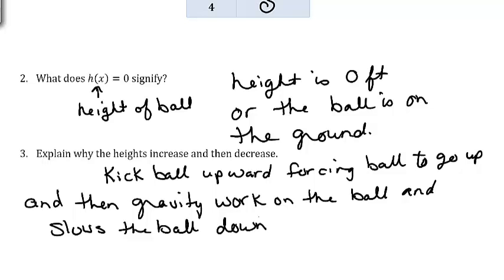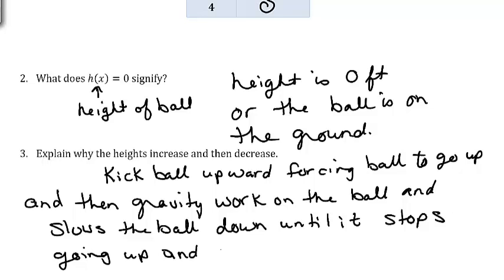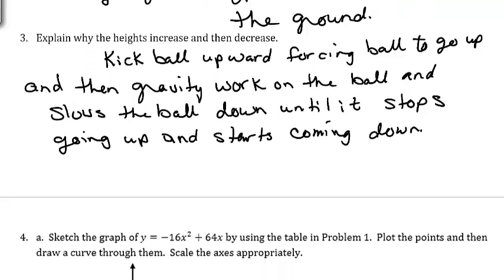And eventually the ball actually stops very briefly, and it stops going up and it starts coming down. And that's why at first the height of the ball goes up. It goes up until gravity stops the ball, and then gravity keeps on working on the ball, pulling it back down to the Earth's surface, and so the height then will start to decrease.